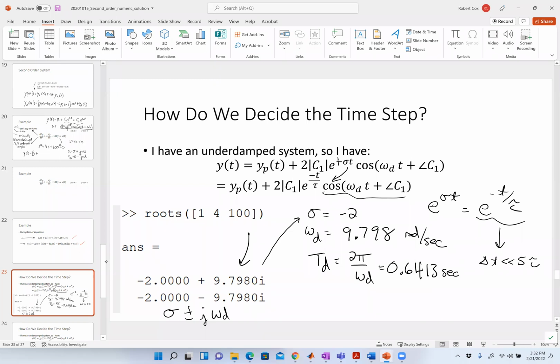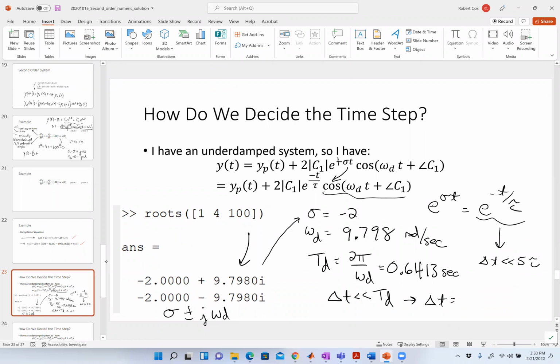So to see the cosine, I need delta t much, much less than what? T sub d, right? Or that the delta t has to be much, much less than that. So how did I define this whole much, much less than? I said, what's a good choice? Divide by 100.